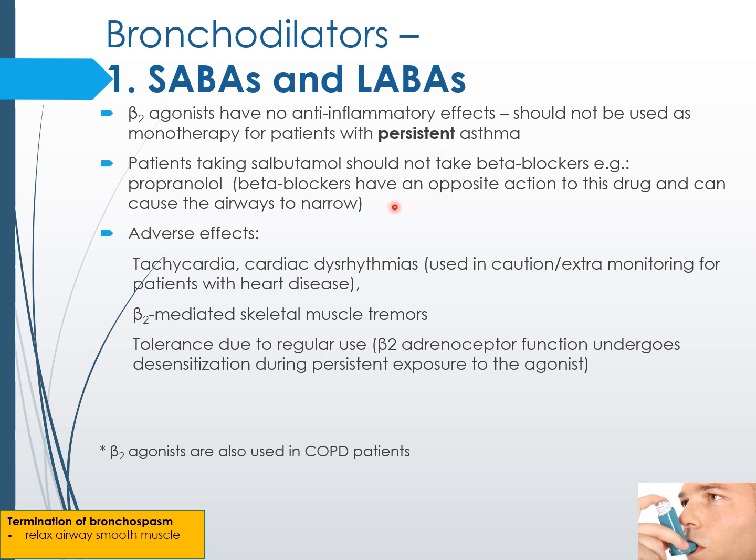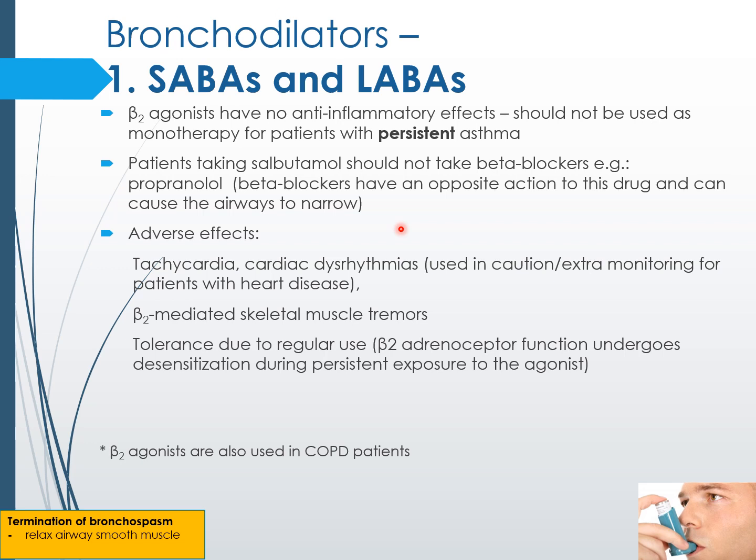Patients taking salbutamol should not take beta blockers, propranolol, because beta blockers have an opposite action to this drug and can cause the airway to narrow. Propranolol is a non-selective beta blocker, right? So it can inhibit beta 1 and beta 2 receptors.